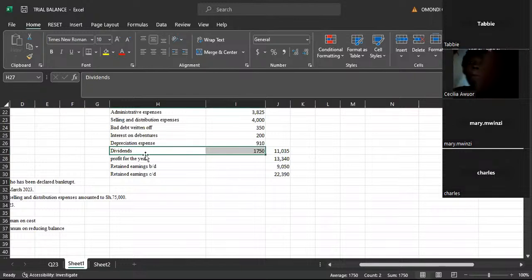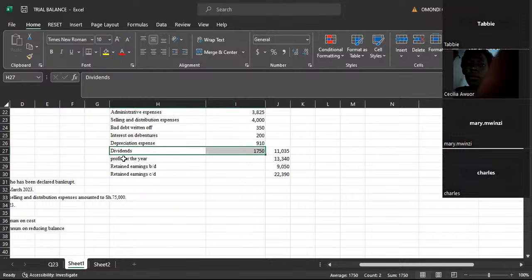But because we've placed our dividends there, before we get to the retained earnings carried down, we can reduce it by taking now the transfer to general reserves. If you're not going to prepare the statement of changes in equity, we can put the transfer to general reserves here, because whatever is being transferred to general reserves reduces the value of retained earnings.